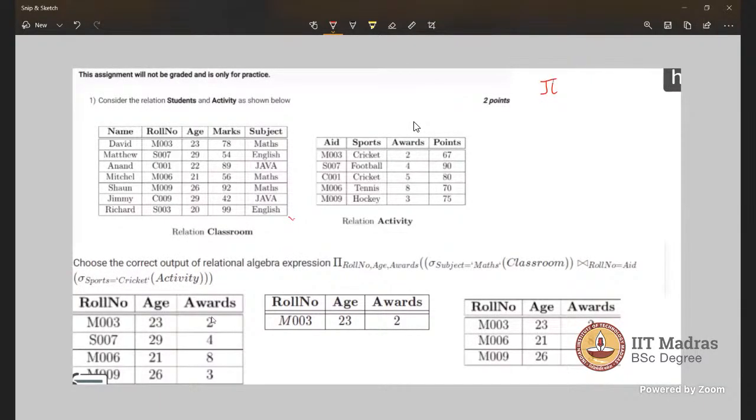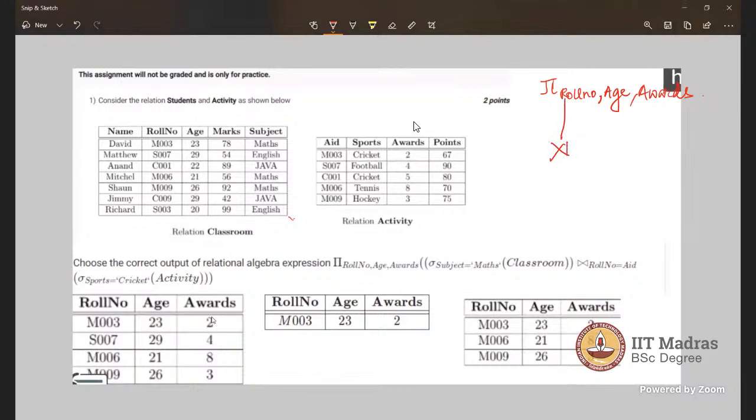This is the expression tree. They are doing the natural join on roll number, age, and awards.